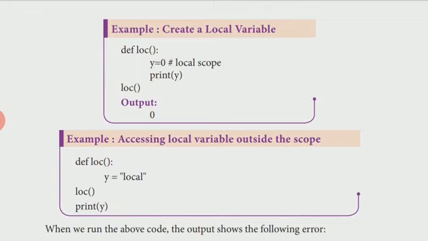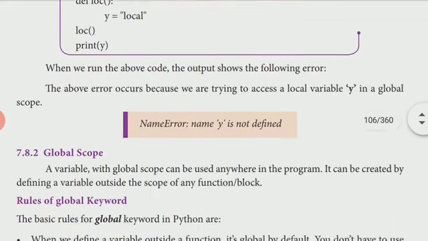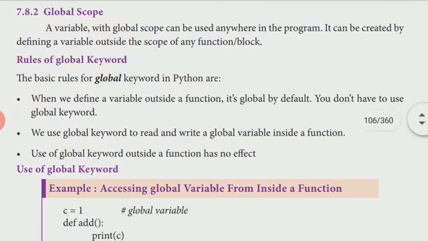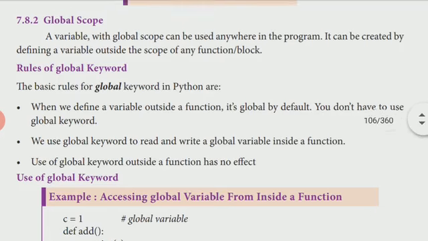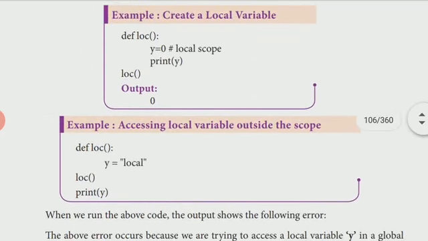If you use it outside the function, it will throw an error. This is local scope, and the lifetime of the local scope is within that function. When the function is completed, that local scope or scope memory is also removed.